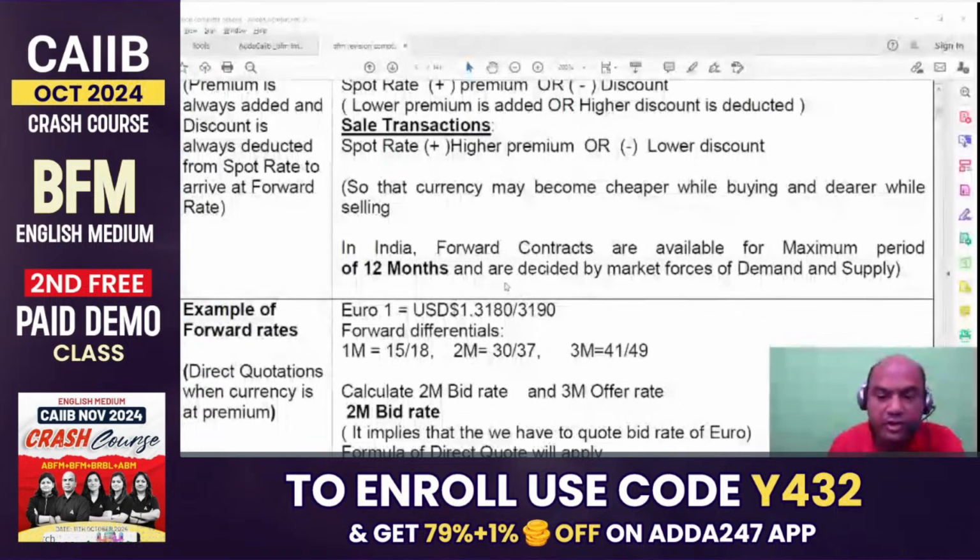Now my question to you: this is the spot rate given, Euro 1 equals USD 1.3180, 1.3190. Based on the spot rate, tell me whether the currency is at premium or discount.